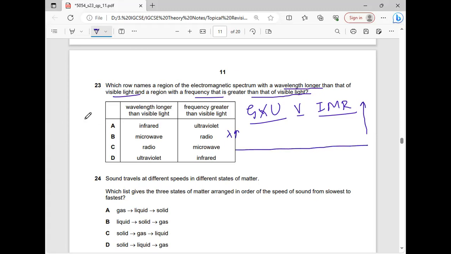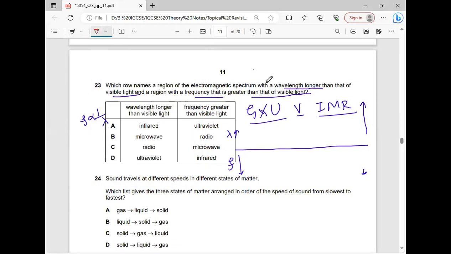Frequency and wavelength are inversely proportional. Therefore, gamma rays have the highest frequency while radio waves have the lowest frequency.